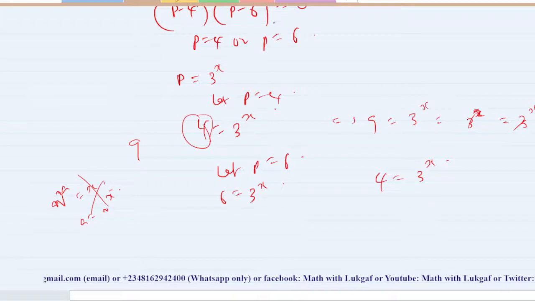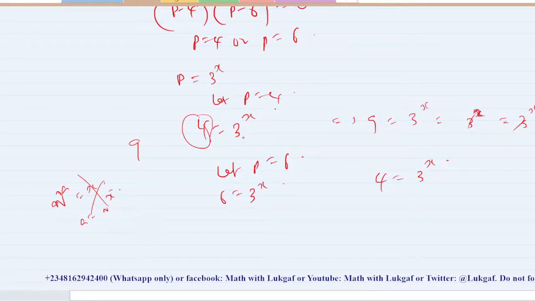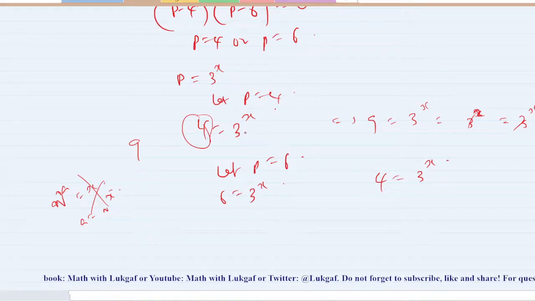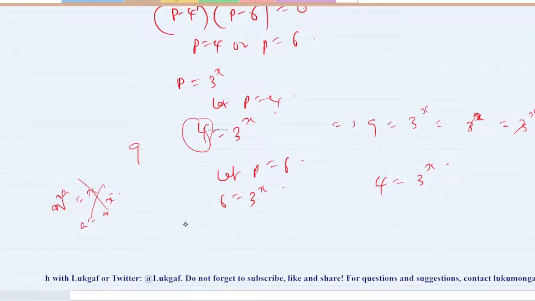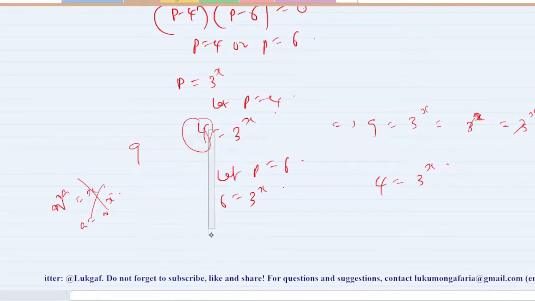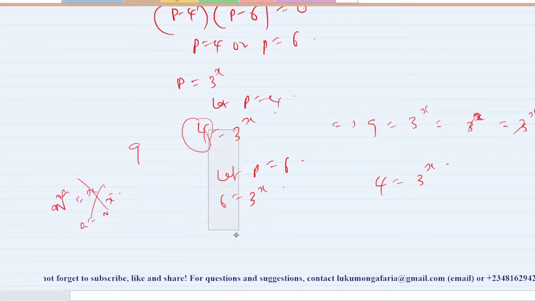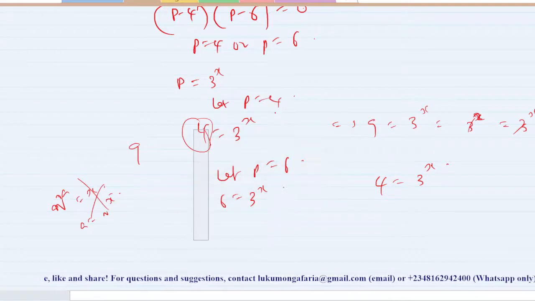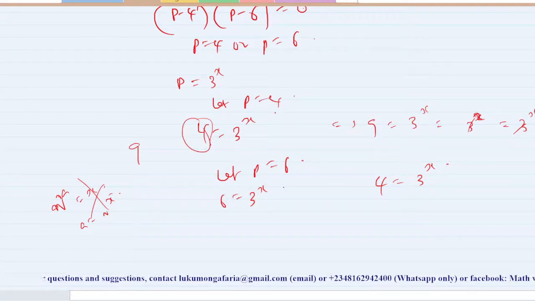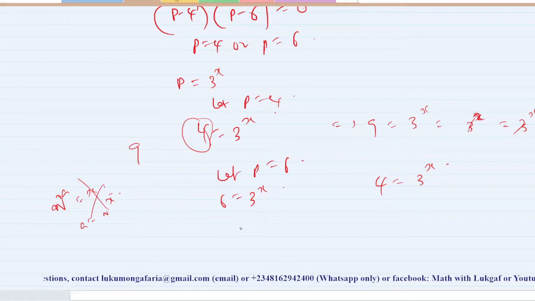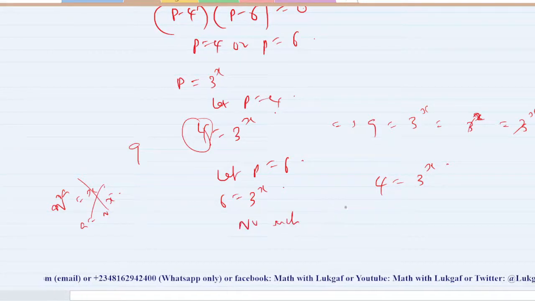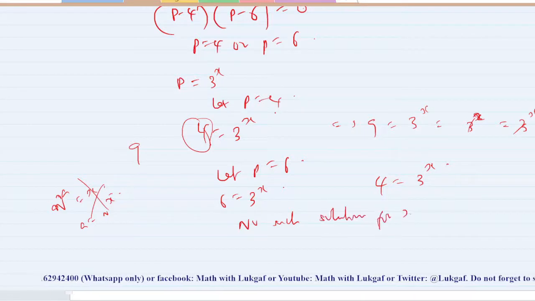So if it is something you can express in terms of x, then it is fine. You can just equate the base. But for this one, we have no such solution for x.